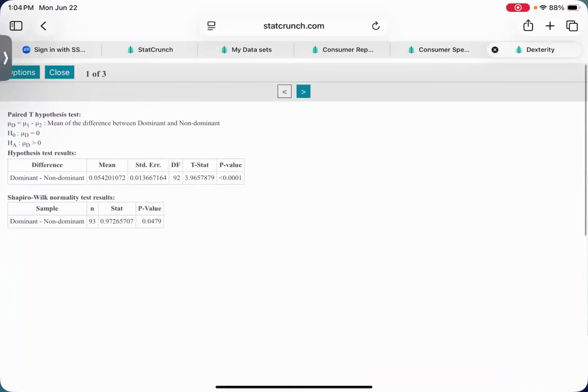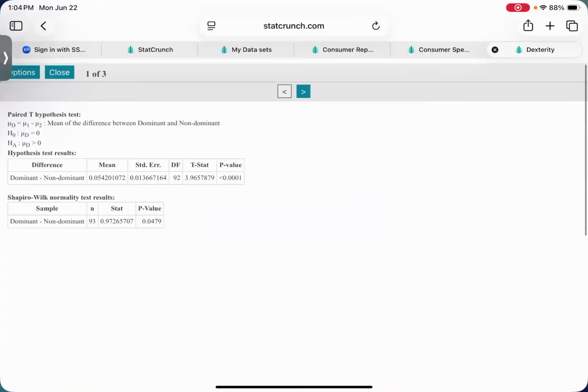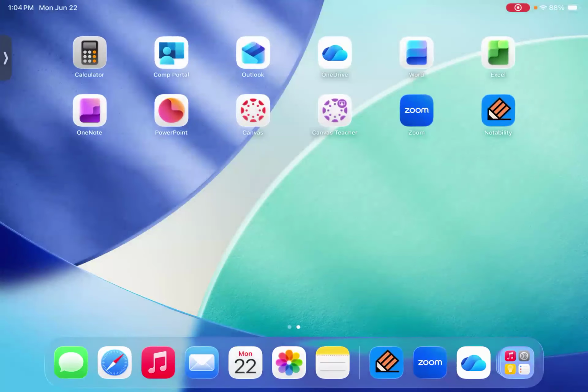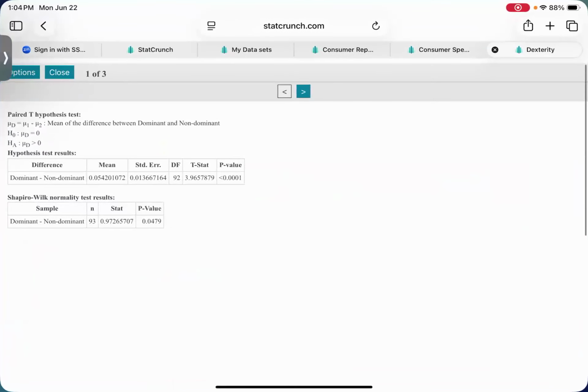All right, the T statistic is 3.97 and a p-value of 0.0005. It is a greater than, which means it's shaded to the right. And the 0.05 there that I'm writing down is the mean, 0.0542.